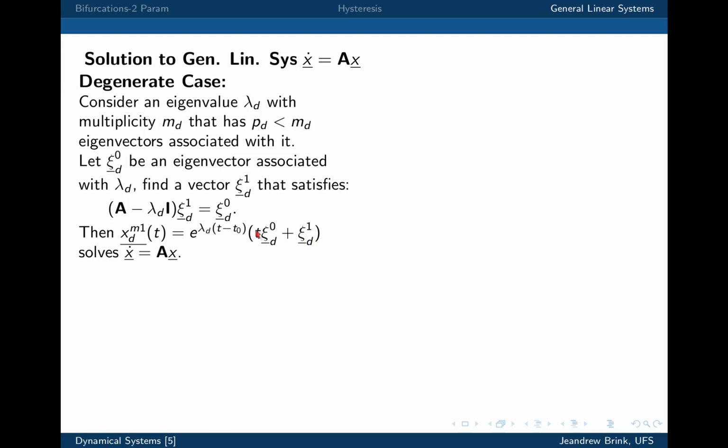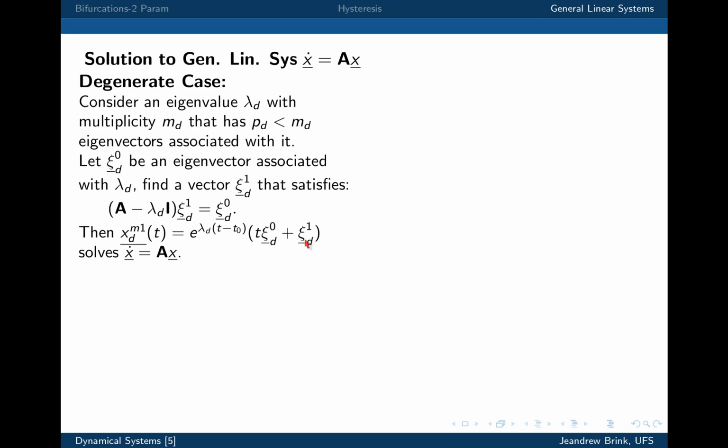This is basically an ansatz that we're going to prove works. But just notice the structure. You take your original eigenvector that you know, and you multiply it by t. So you know for sure it's not the same as the original solution. You've got a different solution from the original one, and then you add this extra vector, not eigenvector, and then you're done.